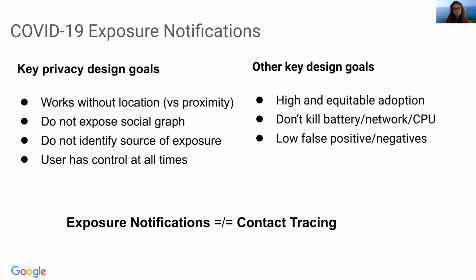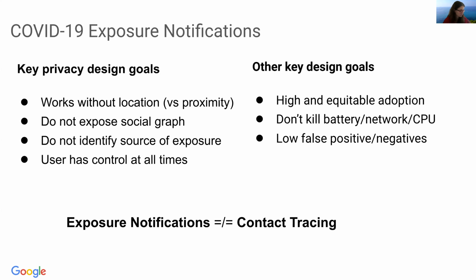There are network effects involved, so it's strongly dependent on the adoption of the system. And not only that, but we wanted to make sure that it's not only highly adopted, but not adopted by one particular sector of society, like users with expensive smartphones or the latest smartphones.